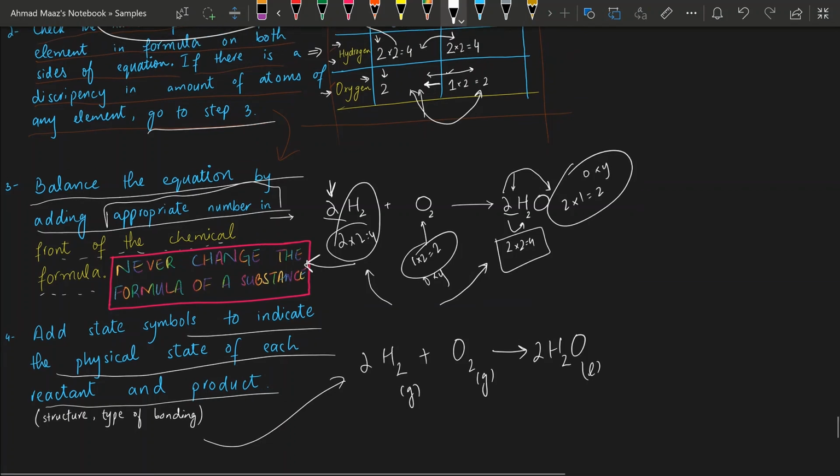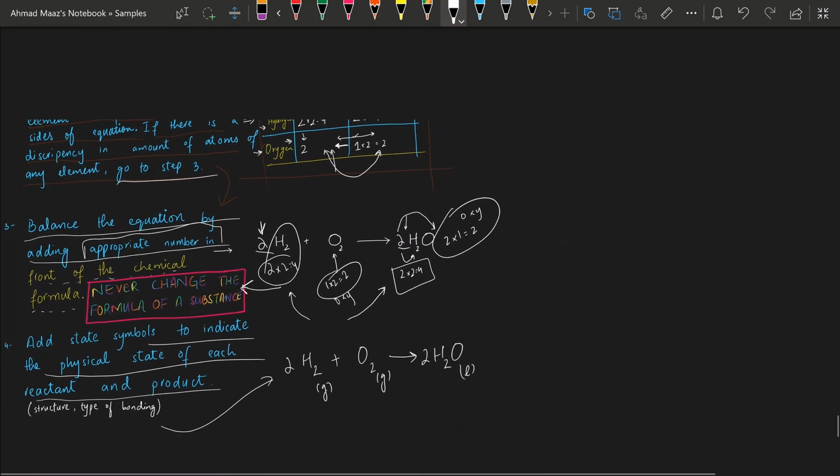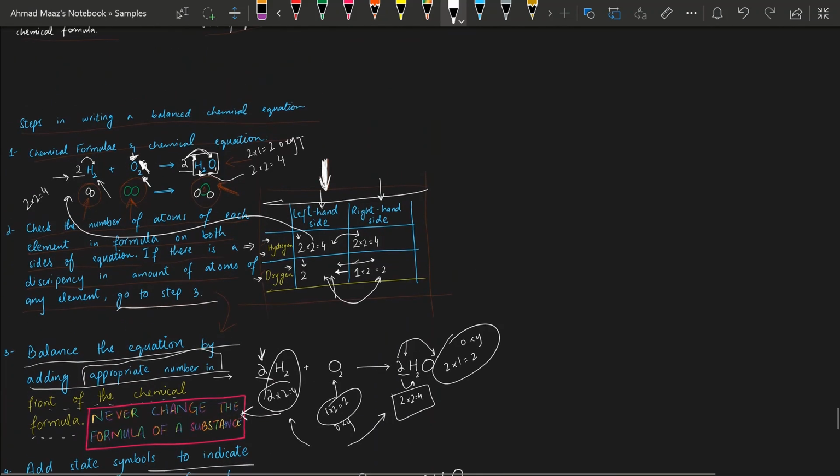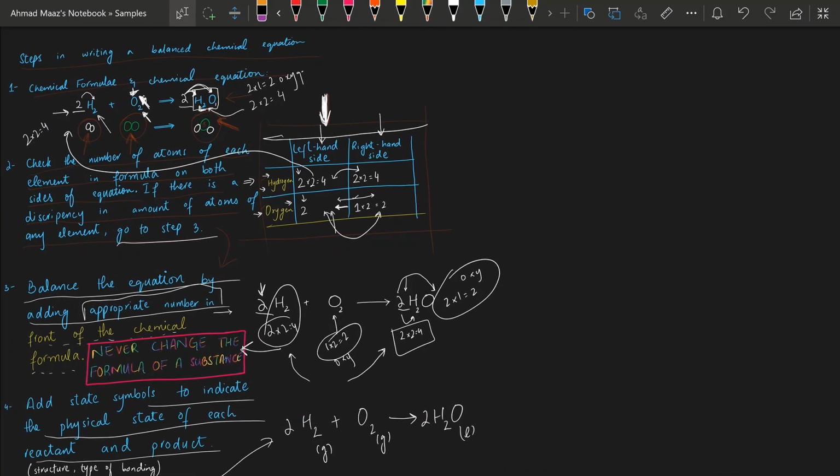So that is how you balance a chemical equation. I'll quickly revise the steps. In the first step, you need to write down a chemical equation, and then you need to see the discrepancy in the number of atoms of each element, and then you need to do some mental maths.